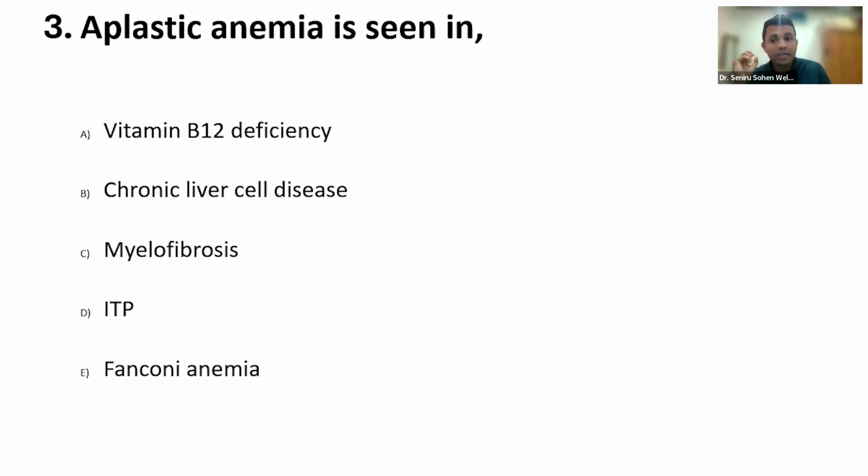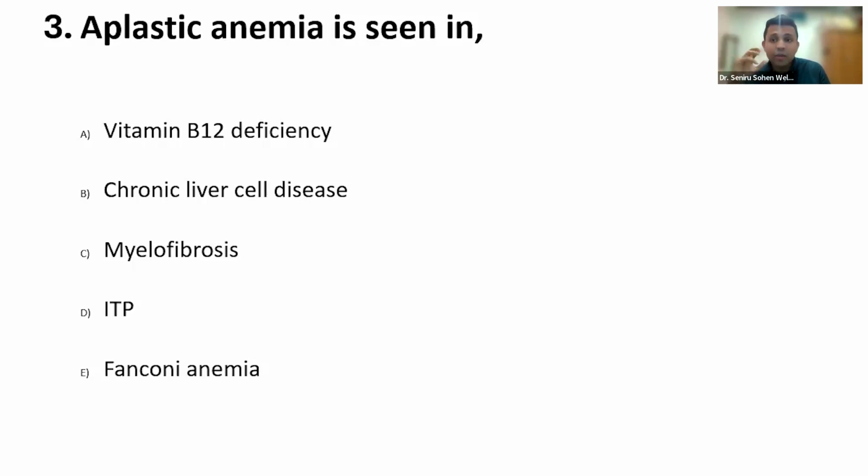Sometimes you can get some degree of hypoplasia in the bone marrow, but what you commonly get is a megaloblastic sort of anemia, and it is not an aplastic anemia. So you would consider this as false. Chronic liver cell disease can cause pancytopenia, but it does not cause aplastic anemia.